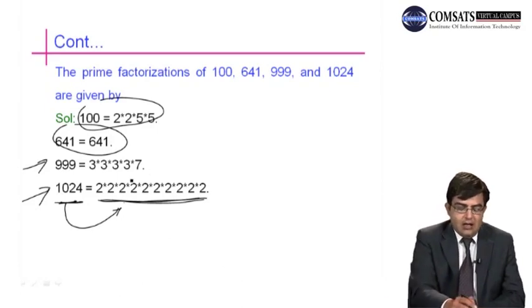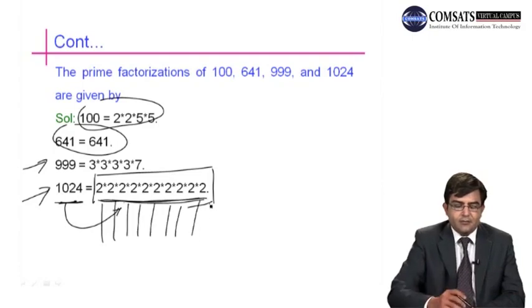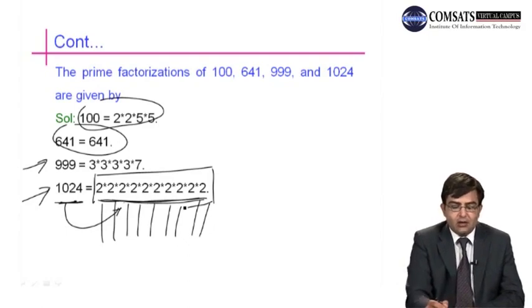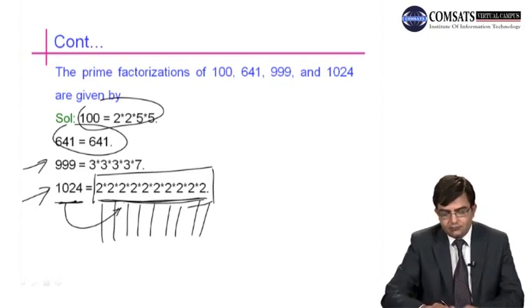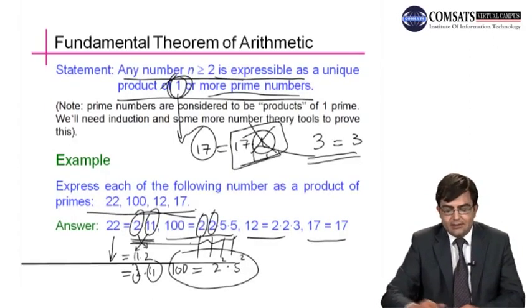As I told you earlier, prime numbers can be repeated, but we cannot write a composite number or 1 here. So every number has a unique expression as a product of prime numbers. This is the fundamental theorem of arithmetic.